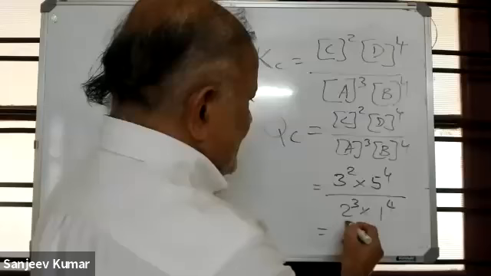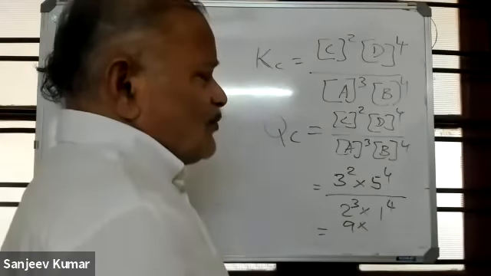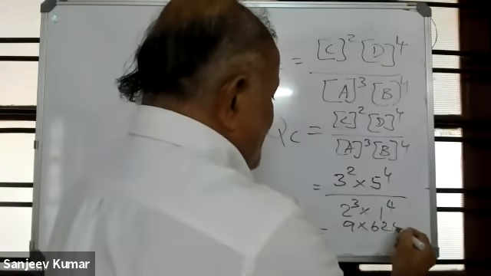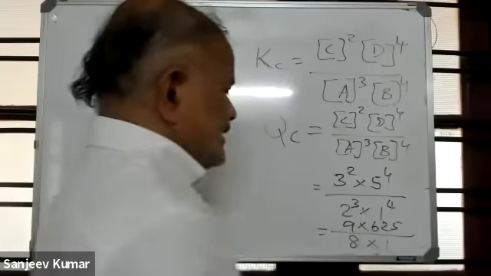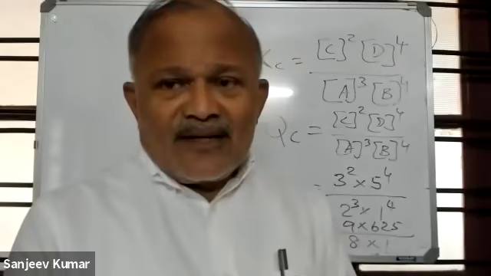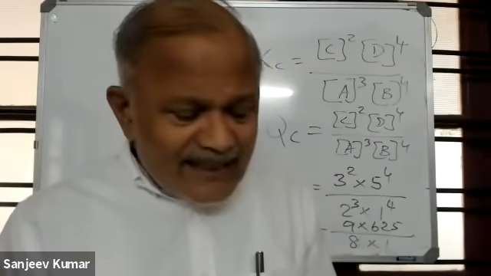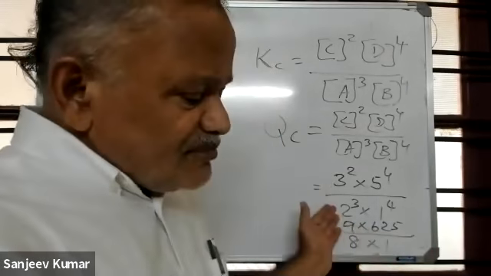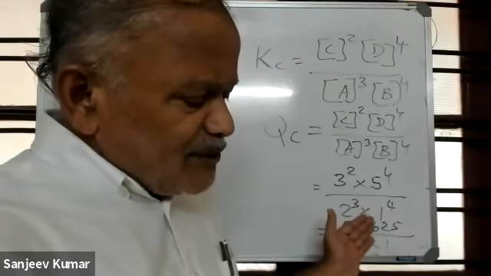That is 9 into 5 raised to 4, which is 25 into 25, 625, divided by 2 cube, which is equal to 8 into 1. That means it is 625 into 9 by 8, that means it is greater than 625, and the equilibrium constant value is only 120.